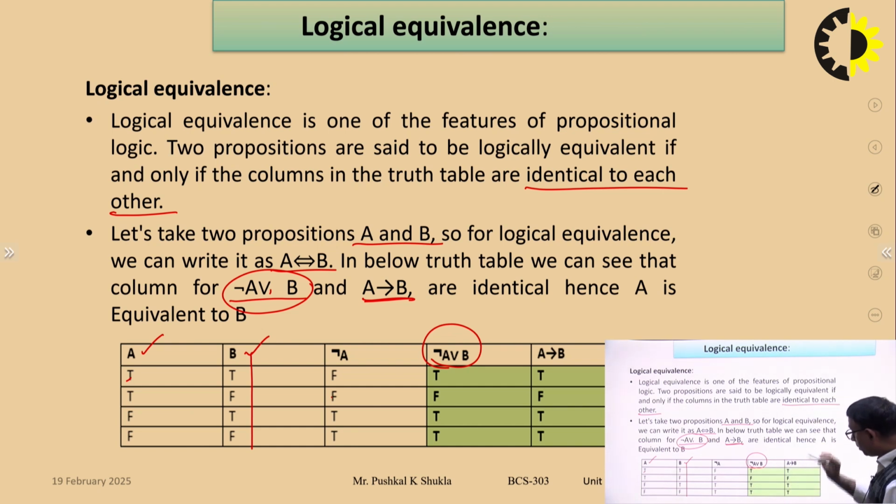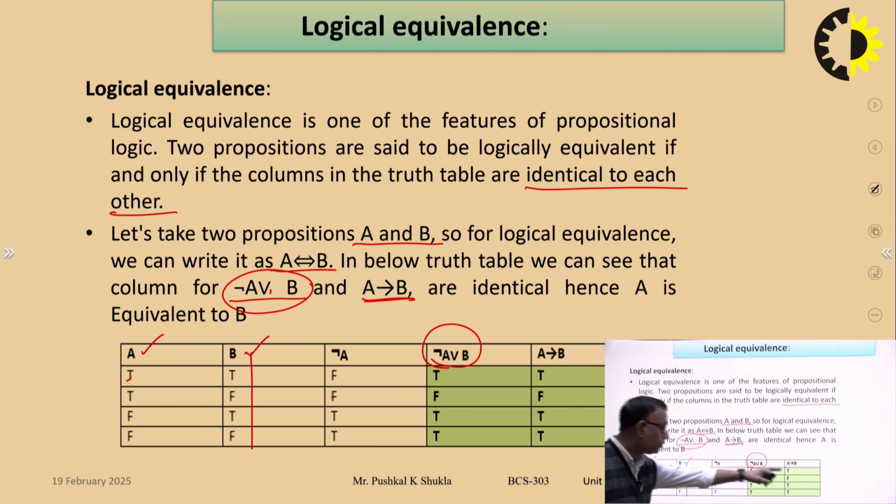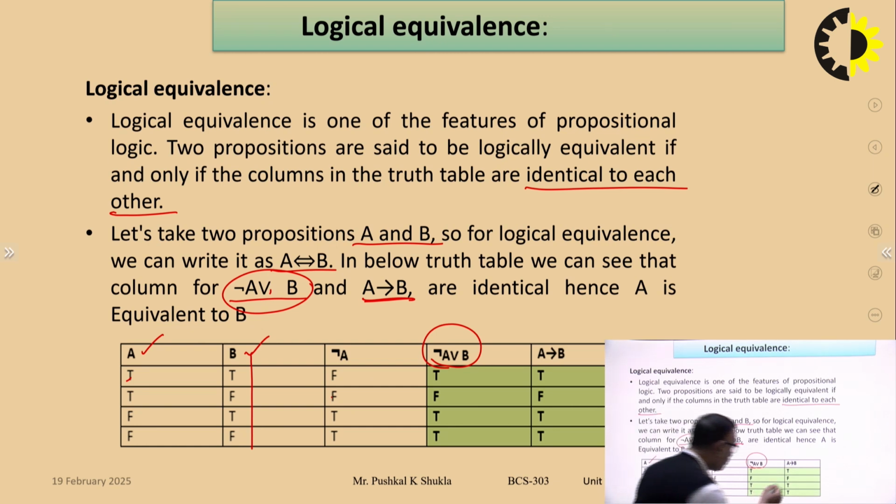This is A implication B. So, two propositions A and B, and we are going to apply a logical operator, implication. If we take this operator, T and T is T, T and false. If the first proposition, the condition, is true and the conclusion is false, then it becomes false.